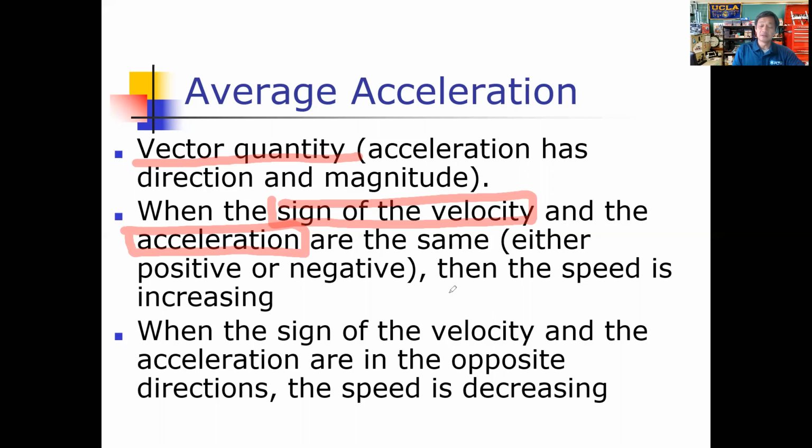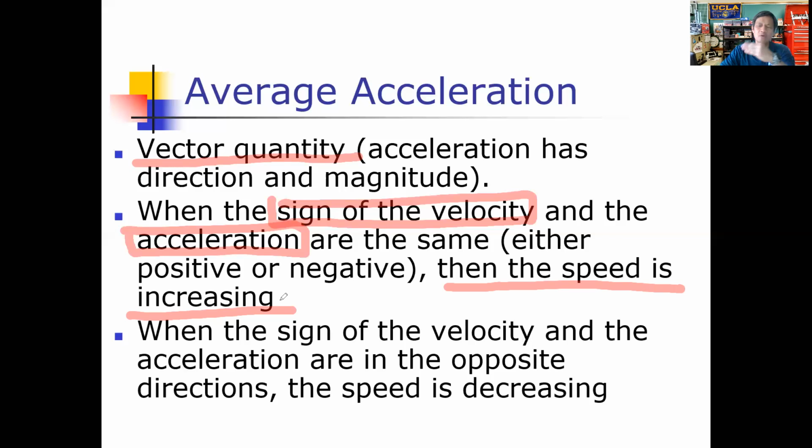The direction will give us whether the object is speeding up or slowing down. When we talk about acceleration versus deceleration, I don't really like the term deceleration, because acceleration means a change in velocity. You can have either an object that is having a positive acceleration or an object that is having negative acceleration, and understand that positive and negative simply mean direction.